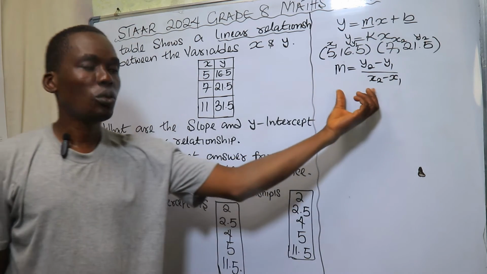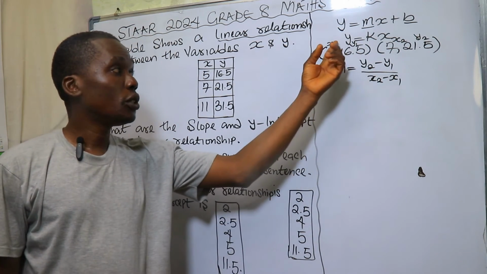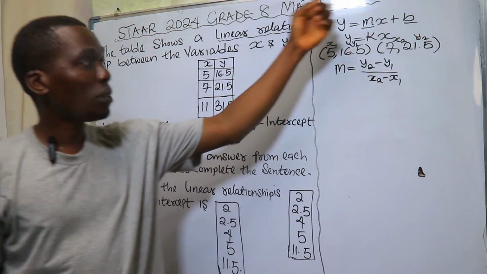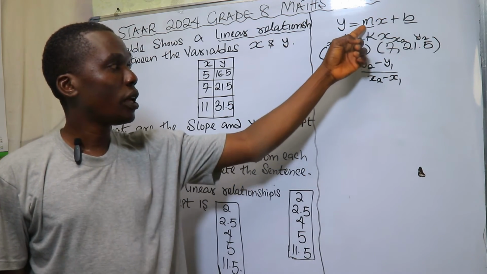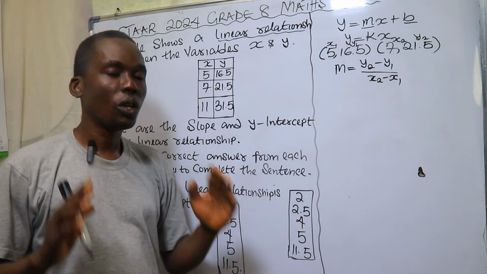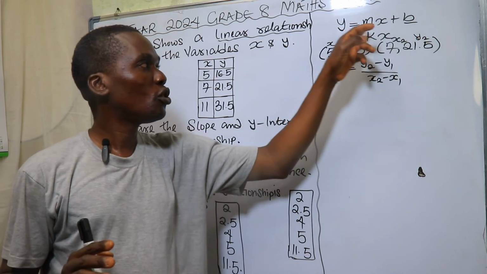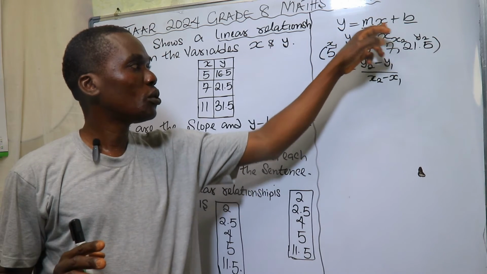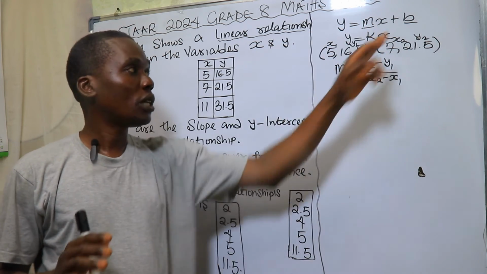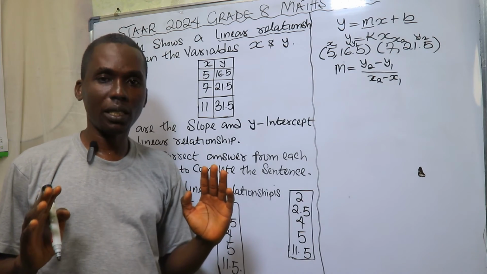If you insert all those values into this formula, you're going to have the value of your slope. Now, to find the intercept of a linear function, all you need to do is to get any of these coordinates and your slope. And once you can do that, you'll find the intercept.